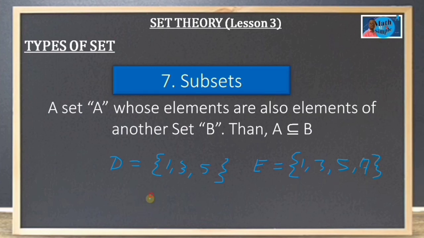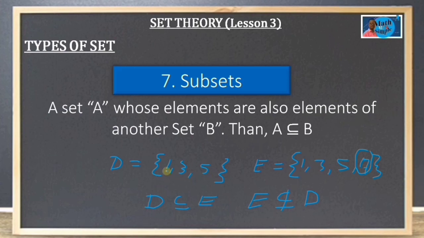Okay, so it means set D is a subset of set E. Now the reason is all the members of set D are also in set E. All right, so set D is a subset of E, but set E is not a subset of D. The reason is set E has a member that is not in set D. So set E is not a subset of set D. A set can only be a subset if all of its members are in the other set.